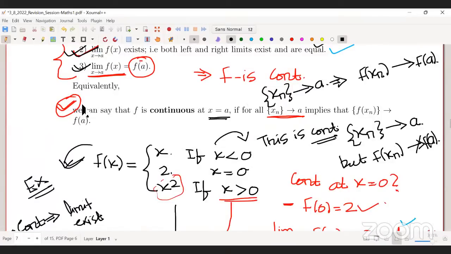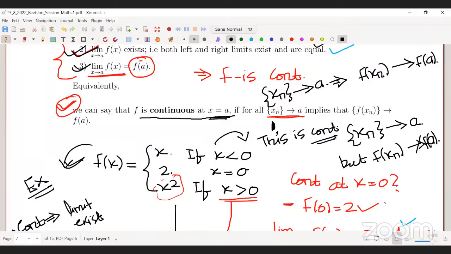Basically, you can say that a function is continuous at x equal to a if whenever you take a sequence xn which converges to a, it implies that f of xn also converges to f of a. Then you say that the function is continuous at a.